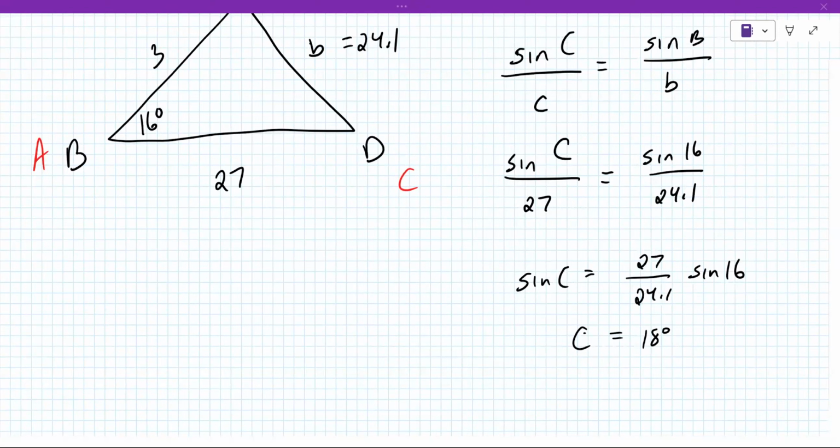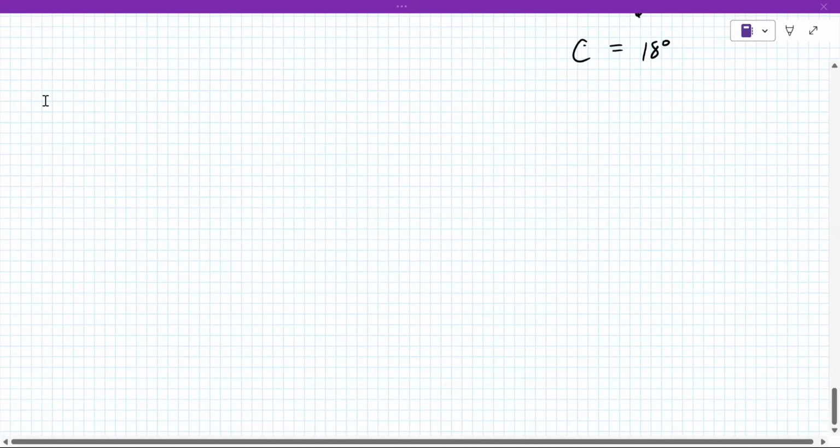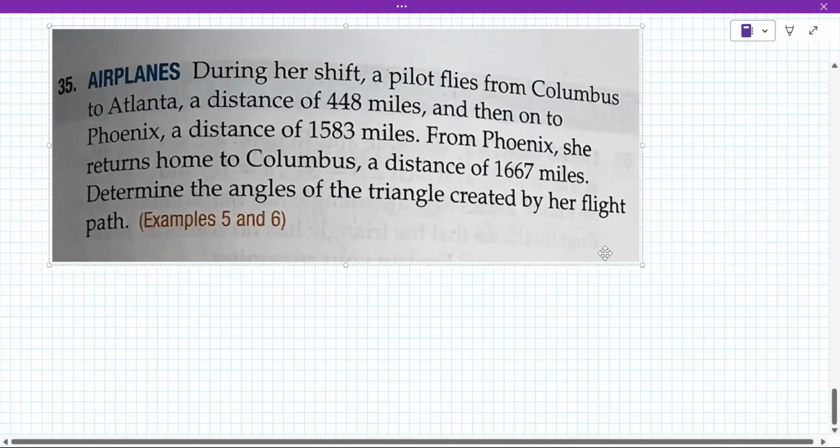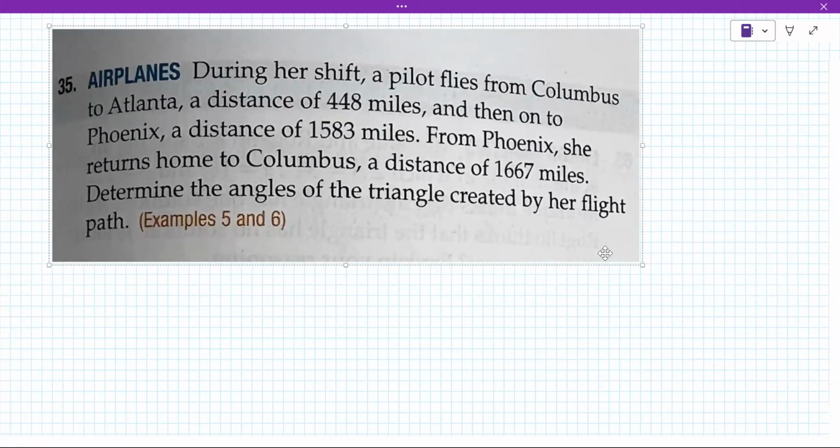Okay, so switching to 35, it's some sort of a story problem here where you have to draw the triangle. And again, you don't have to be all that good at drawing. It's just about sort of organizing things. So during her shift, the pilot flies from Columbus to Atlanta.